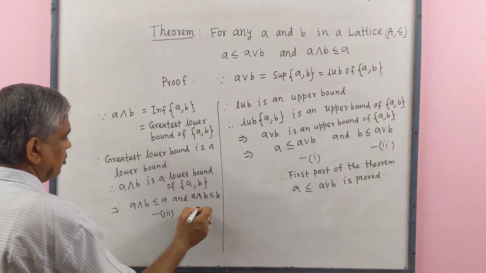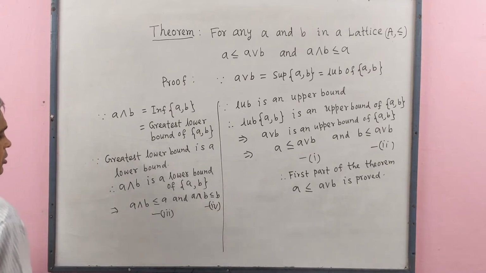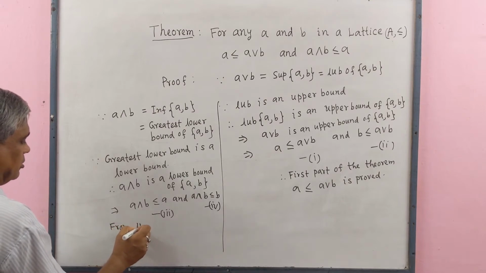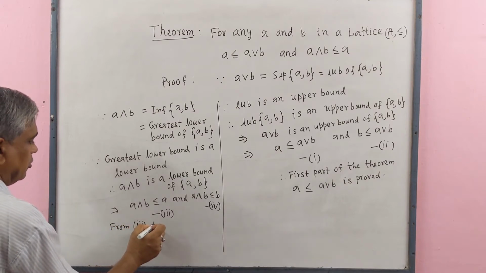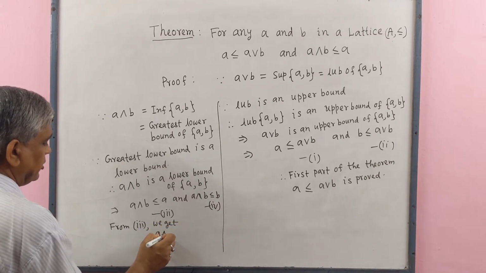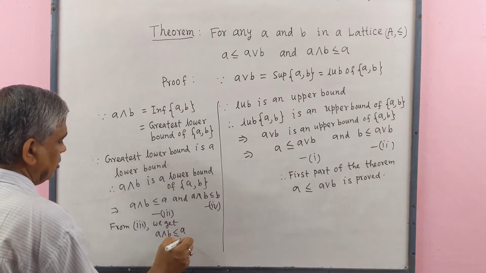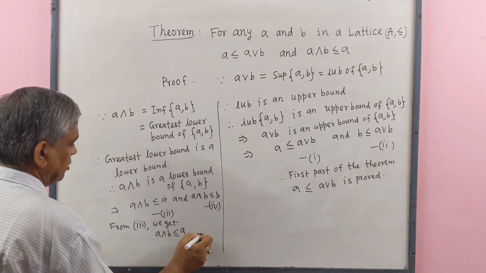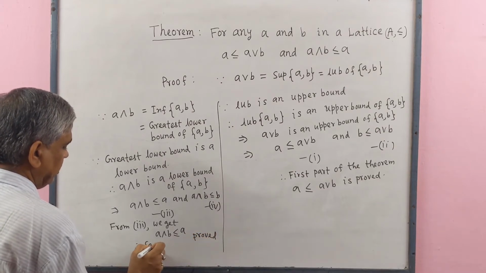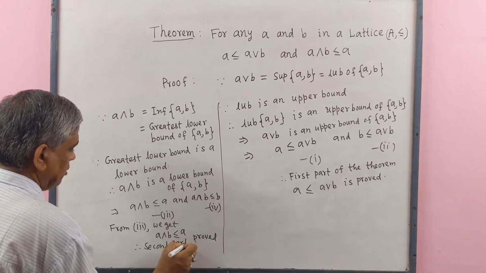This is 4. Therefore, from these we get A meet B less than equal to A. Second part proved.